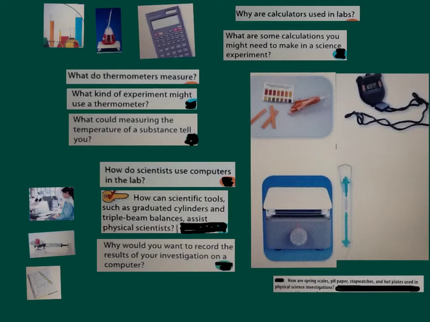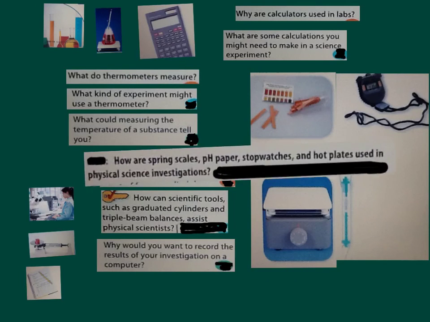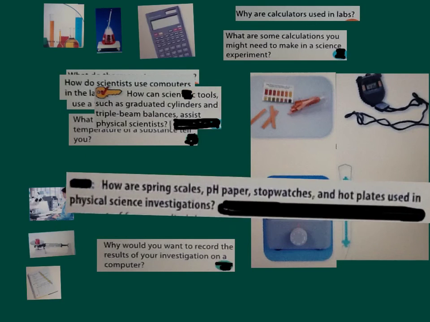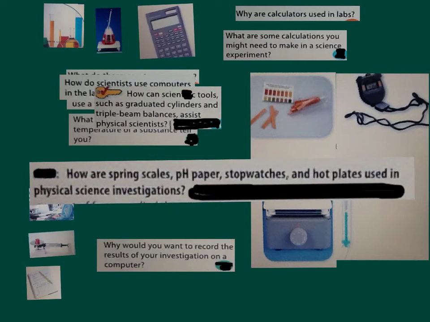Okay, I want to ask you one last question. All right, I want you to write this in your science journal, and I would like for you to actually answer this one, and that is, let's move some of this up so we have a spot. How are spring scales, pH paper, stopwatches, and hot plates used in physical science investigations?